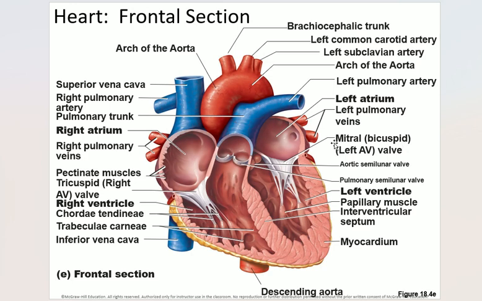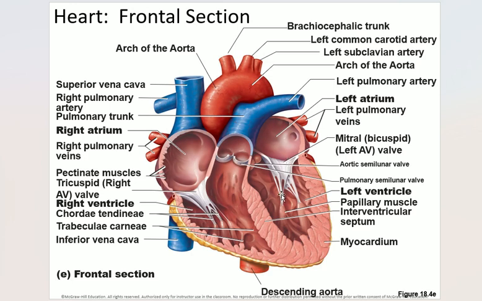So this bad boy, our mitral valve, our bicuspid valve, our left atrioventricular valve, it's called all of these things. This one's going to be the easiest to remember because of placement, right? It's between the atrium and the ventricle, so it's right here. So this is what's cut in half. You'll see it better here in another slide.